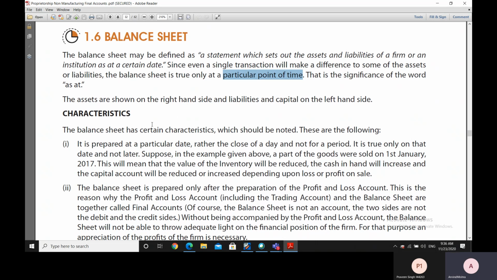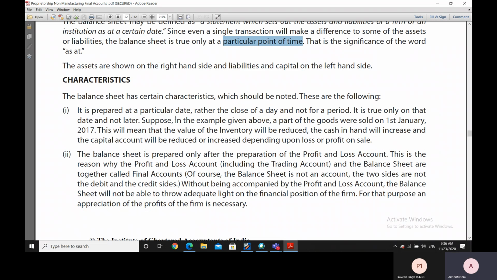Now, what are the characteristics of the balance sheet? First of all, the balance sheet is prepared on a particular date, at the close of the day. There is that point of time when the day is closing, and it is not prepared for a period.